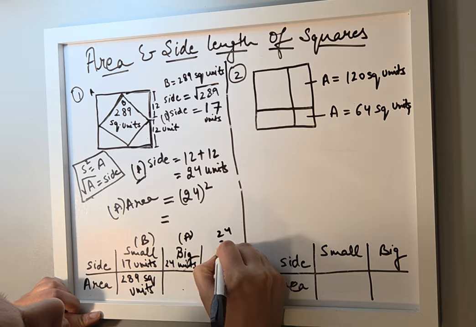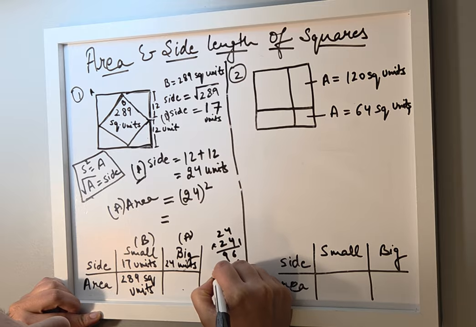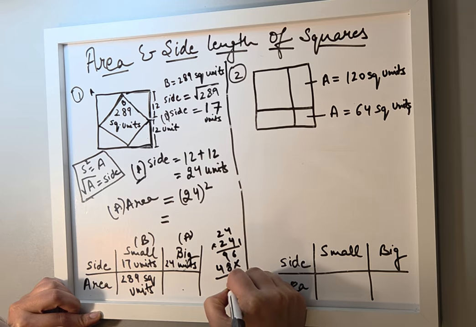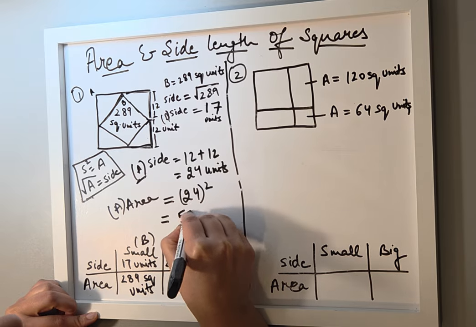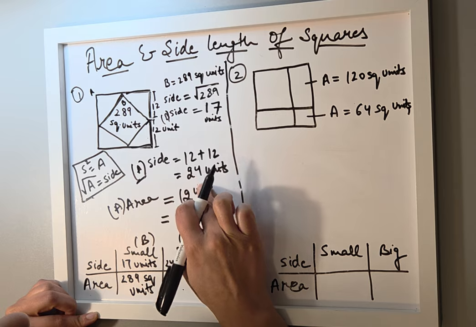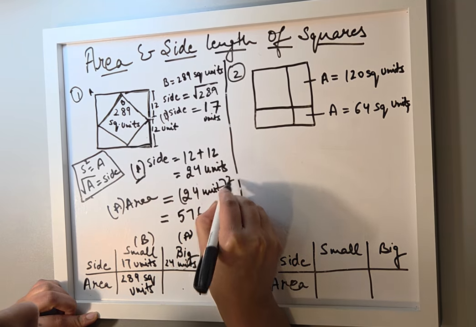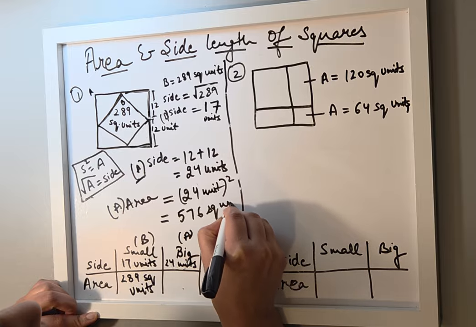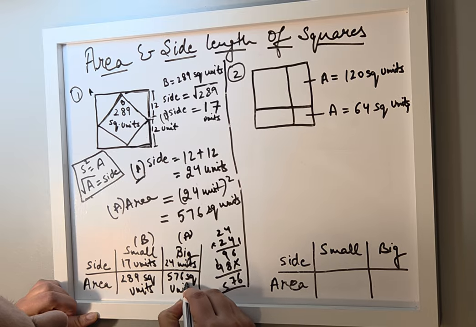Because we've not memorized it, we can quickly solve it. 4 fours are 16, and so on. So 576. And what are we not forgetting? The side was 24 units, so this will come out to be square units. So it will be 576 square units.